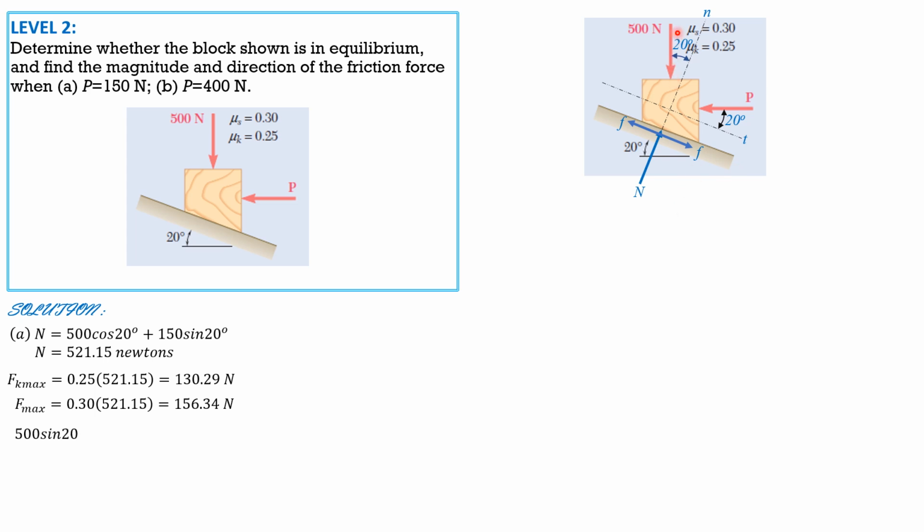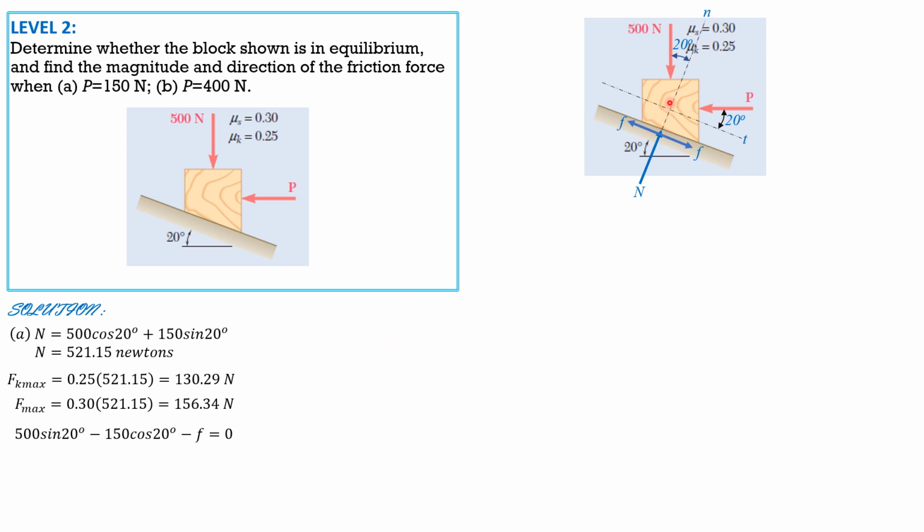So 500 sine of 20 minus P, 150 cosine of 20, then minus F. Because we have minus F, meaning the assumption is F is in that direction, upward.